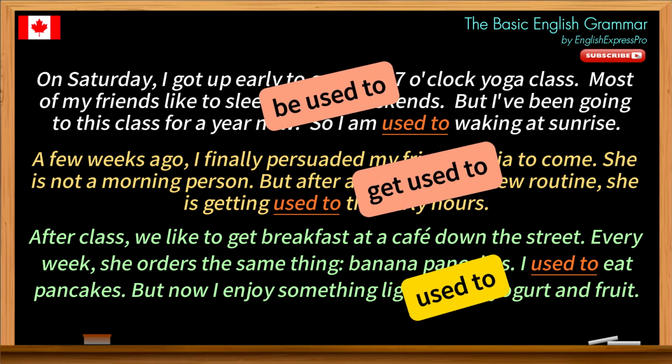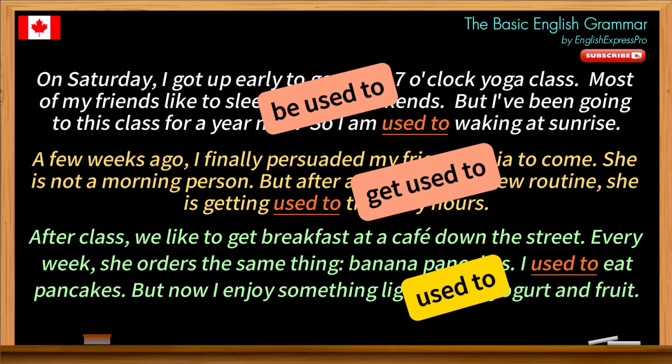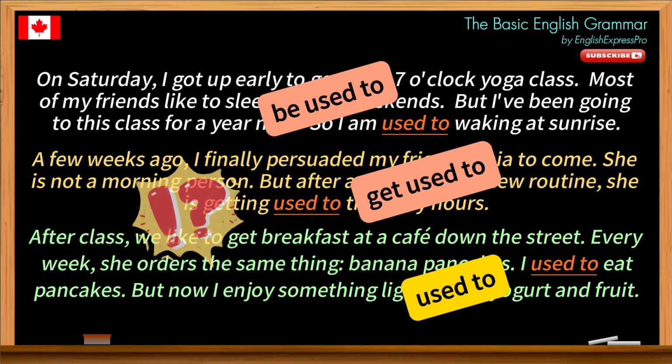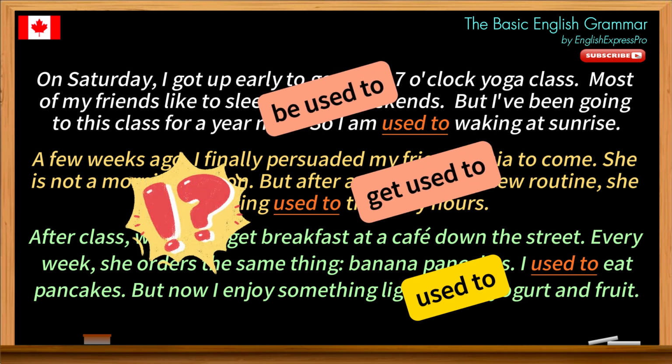But be used to and get used to have similar meanings and sentence structures. Some English learners have trouble distinguishing between the 3. Others can tell them apart, but have trouble forming sentences with them. So, I will show you how to recognize and use each.